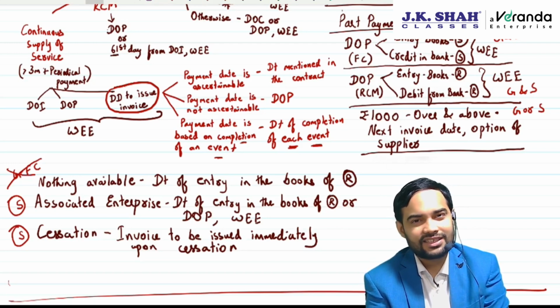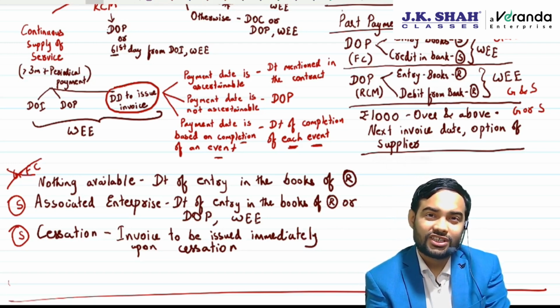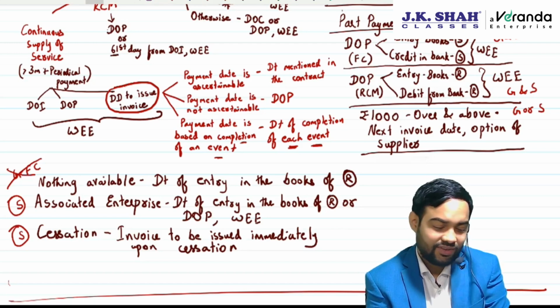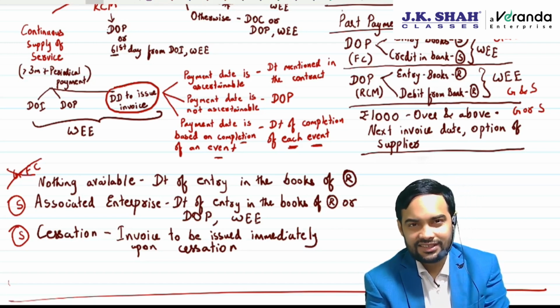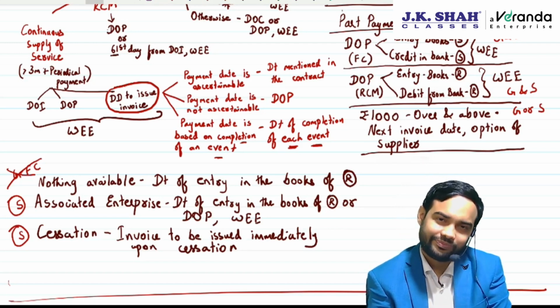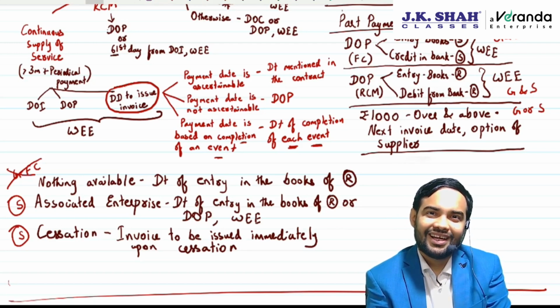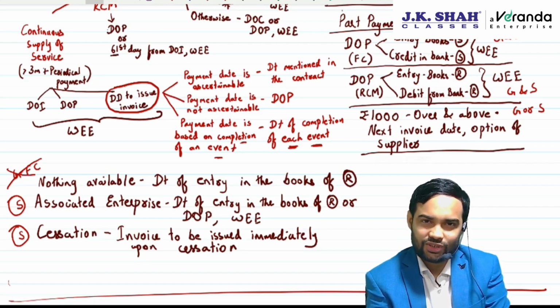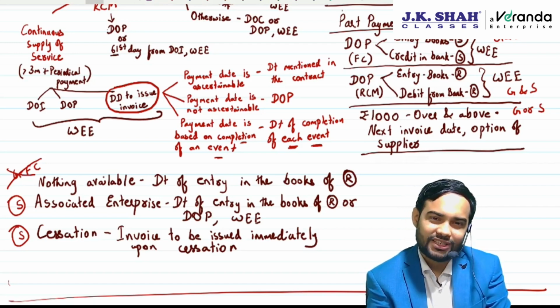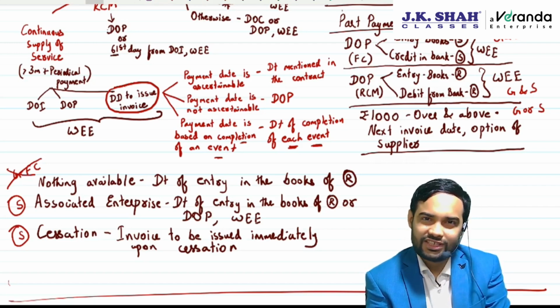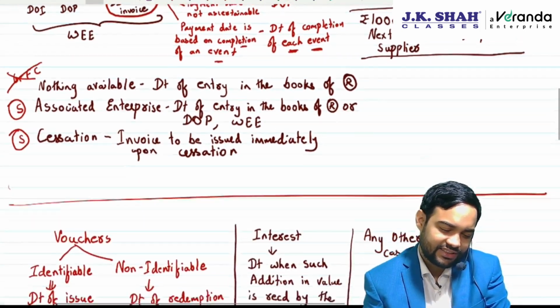Associated enterprise, entry in the books of recipient or payment date because they might not issue a invoice amongst themselves. Cessation, whenever there is a cessation, we use invoices to be issued immediately upon cessation because the contract has come to an end before completion. Then you will not wait for 30 days to issue a invoice.